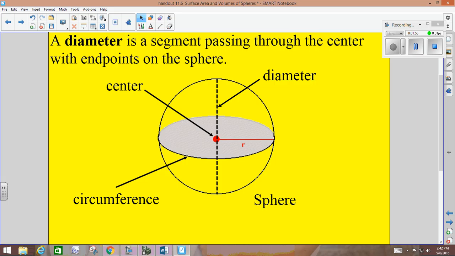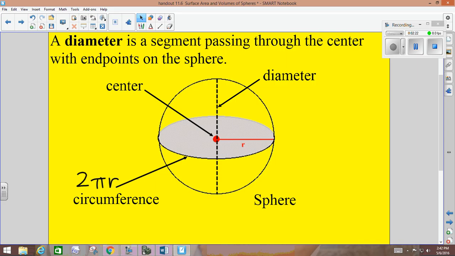How would you find the distance around the circle? 2 pi r, right? It's the same thing with a sphere, because the circumference of a sphere is actually a circle. So it's the same formula for your sphere as it is for a circle, 2 pi r. And you'll need to know that for today. Well, you need to know it anyway. You're going to be using that.